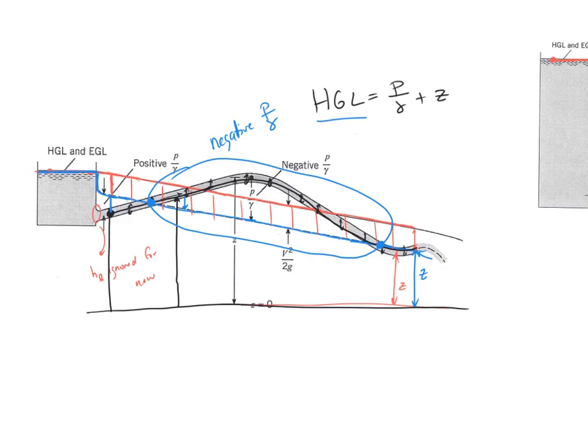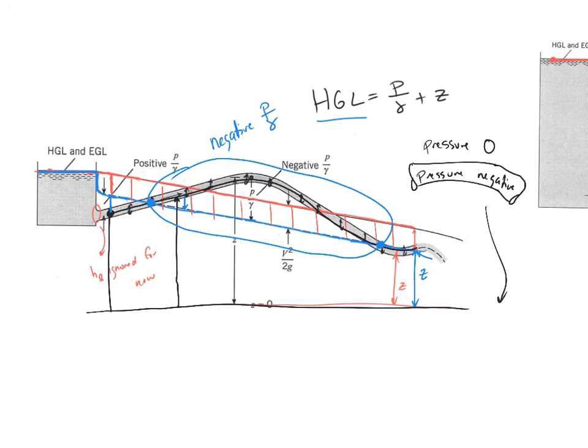So what does that mean? Well, it means a few things. If I look at the pipe in that area, here's my pipe in that area, if the pressure in here is negative, then that means the pressure out here is 0, because this is all gauge. Remember, this is all gauge.